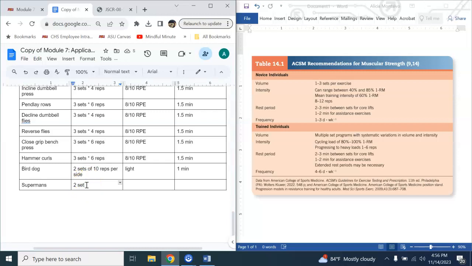I guess you could do it as an isometric exercise, or I'm going to do it as a 50-degree hip extension. Get that core. I know it's back, but lower back, we'll just do this. 2 sets of 10 reps. Light. So body weight, we'll just do body weight.